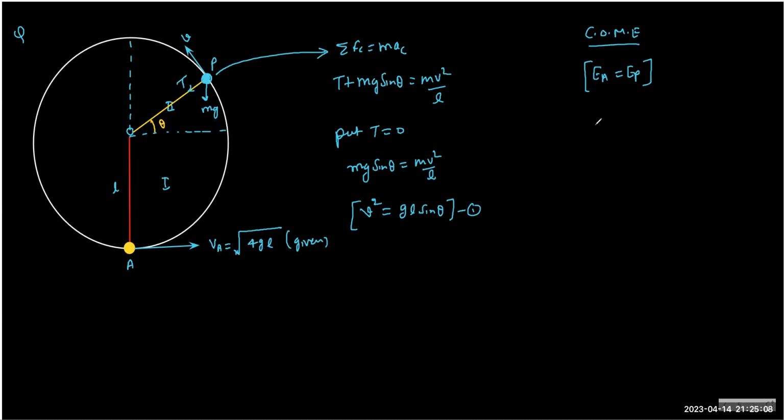No problem. Correct. Energy at A is how much? Half m VA square, and there is no potential because we can take the bottom as a reference. Energy at the topmost point is how much? So I'm getting sine theta as 4 minus L by 2.